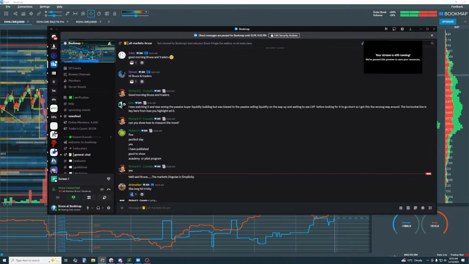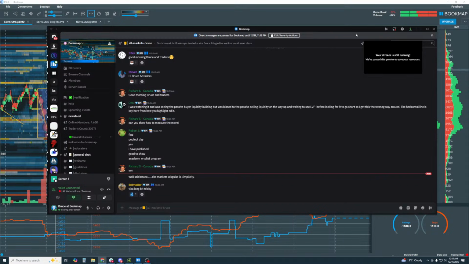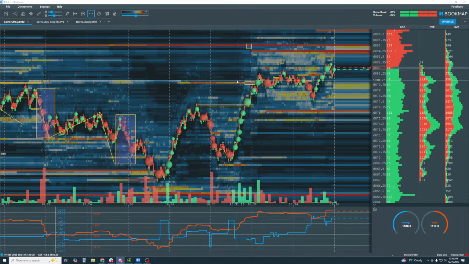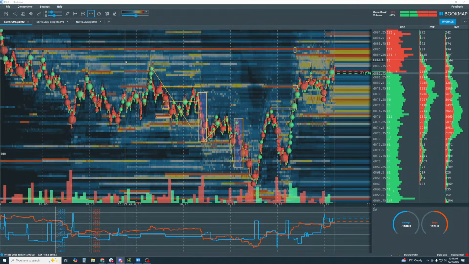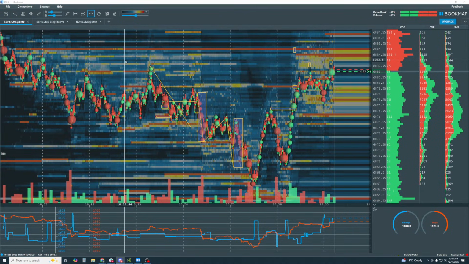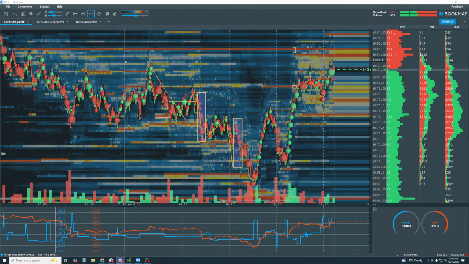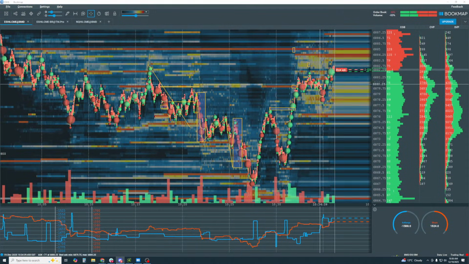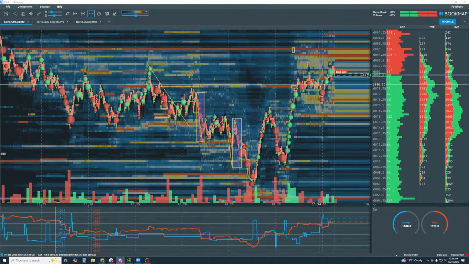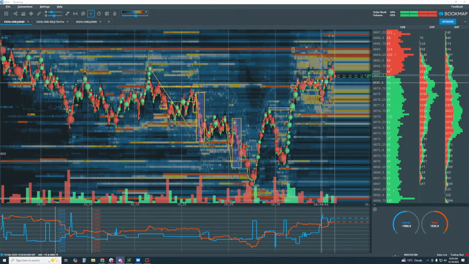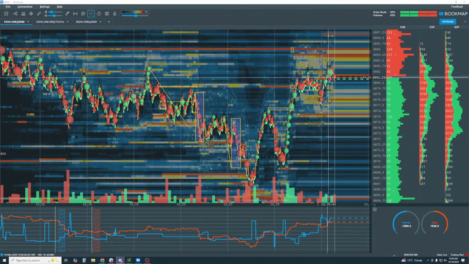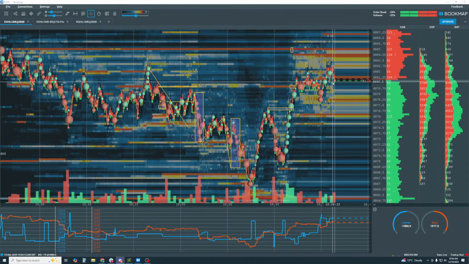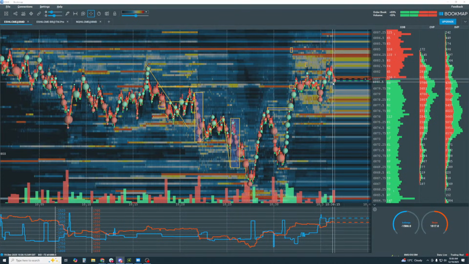Yeah, I'm not much of a VWAP trader, and just so you guys know, like I said, I think the lines on the chart distract me. Yeah, VWAP is pretty good because it's one line that people are going to be looking at and reacting to. That's where moving averages just don't do it for me.